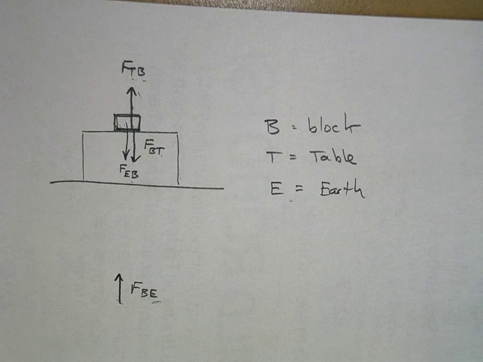Like the most extreme version of this. What happens to a bug when it hits the windshield of a truck moving down the freeway? It's not a good day for the bug. Okay? The bug applies a force to the truck. The truck applies a force to the bug. Those forces are equal and opposite.